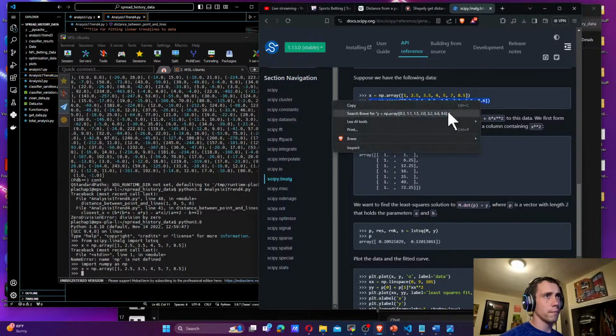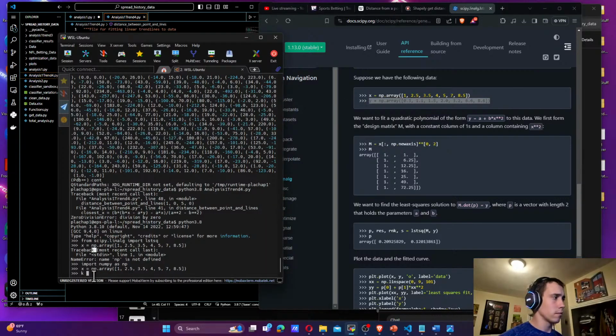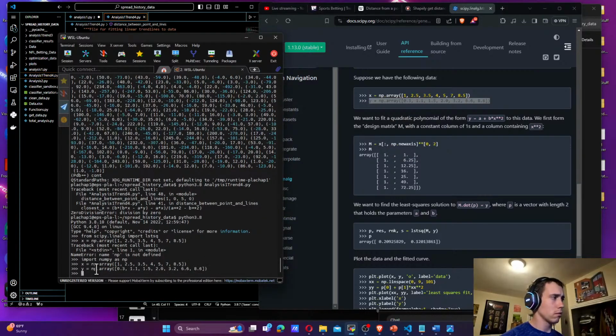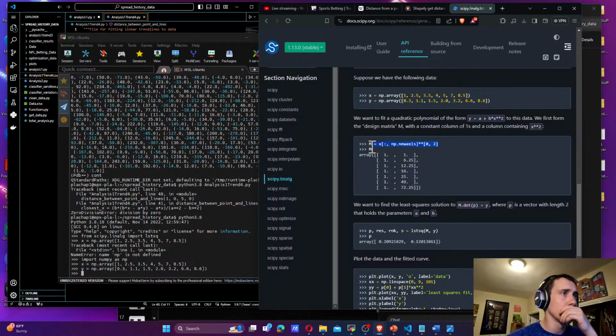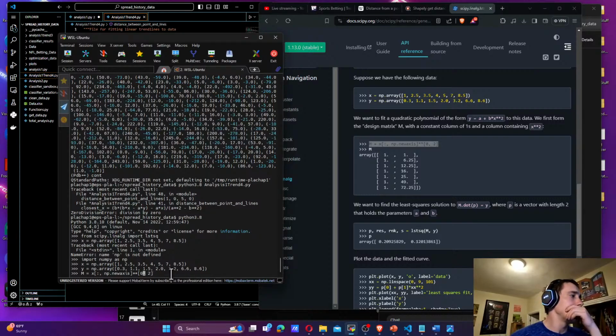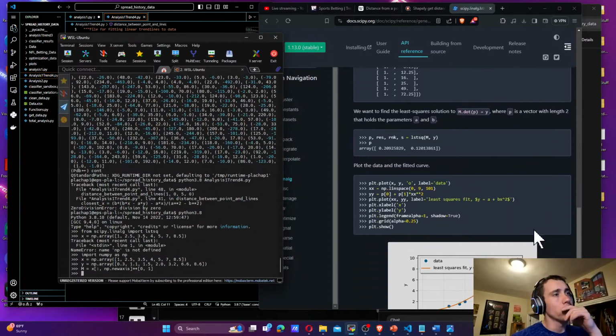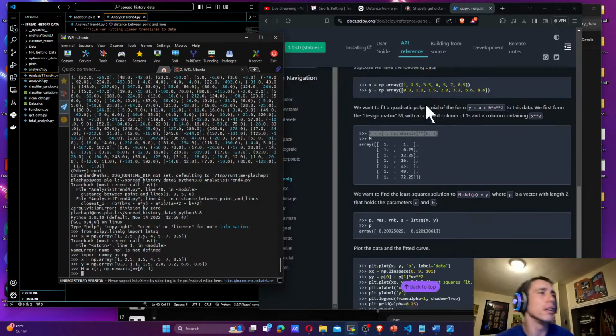Okay. Now, raise it to 0 is good, but here we just want to raise it to 1. We want to find the least squares solution to m dot dot. What's p?